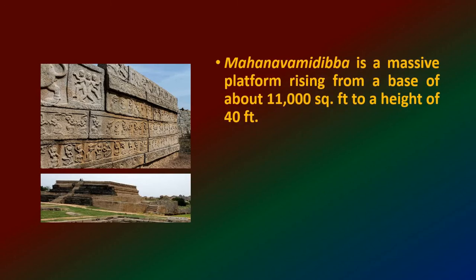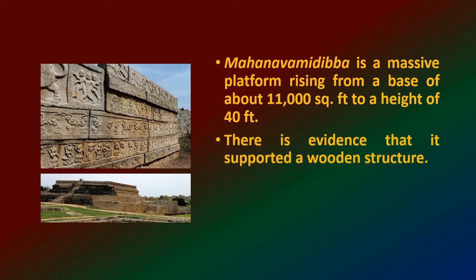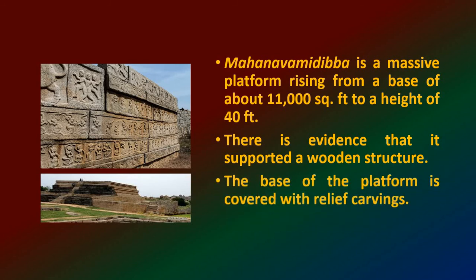Mahanavami Dibba is a massive platform rising from a base of about 11,000 square feet to a height of 40 feet. There is evidence that it supported a wooden structure. The base of the platform is covered with relief carvings.